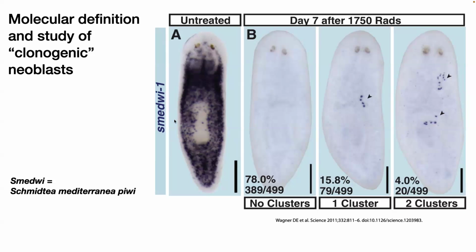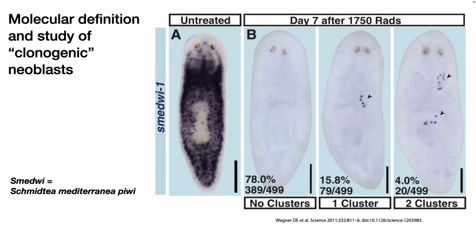If you stain for the expression by using a technique, the in situ hybridization, which renders some of the cells purple that express the gene, you see that in normally developing animals, there is a massive presence of this cell type across the body. But when you irradiate these animals with strong radiation, you can systematically deplete them of dividing cells.